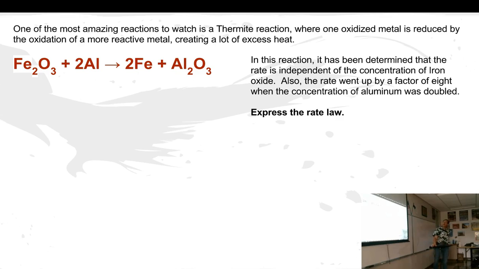One of the most amazing reactions to watch is thermite, the thermite reaction, where one oxidized metal is reduced by the oxidation of a more reactive metal, creating a lot of excess heat. And so one example of that would be iron oxide plus aluminum. And we get this thing hot enough to get started, and the iron loses its oxygen and the aluminum picks it up.